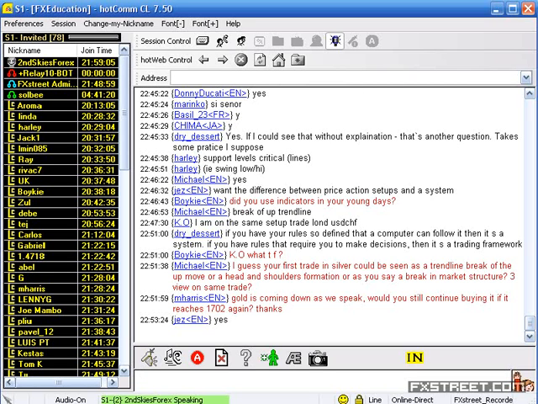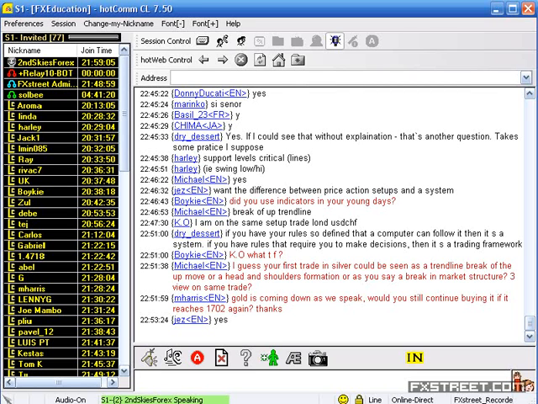So yes, in my younger days, I used indicators. It just depends how I was doing it. I was able to compartmentalize my trading. I was able to build systems very early on and then say, for these systems, I need these indicators. For my price action trading, I'm not using them. But yes, definitely I did.